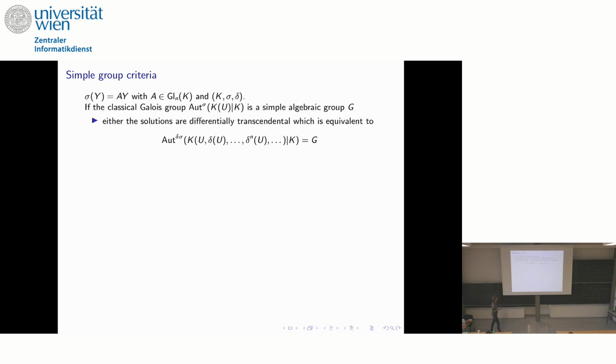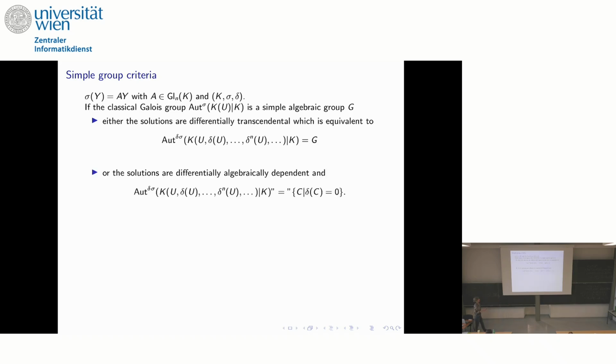So I start with a difference equation, and I will assume that I can compute its difference Galois group without the derivation. And this Galois group, which is an algebraic group, is a simple algebraic group. Then one can prove that either the solutions of this system are all differentially transcendental, and then my parameterized Galois group coincides with this algebraic group, or the parameterized Galois group has a very simple form.